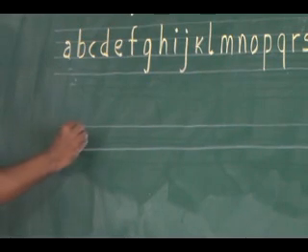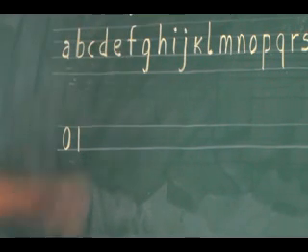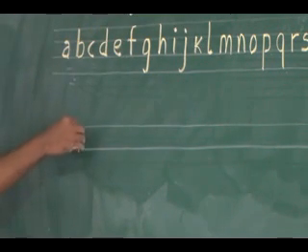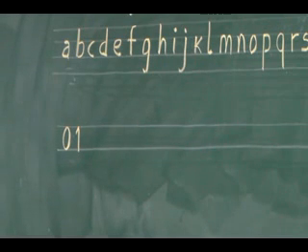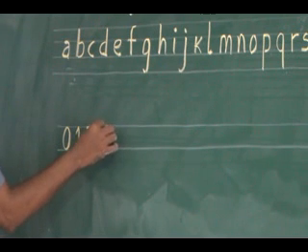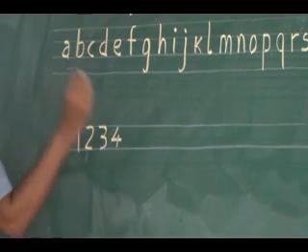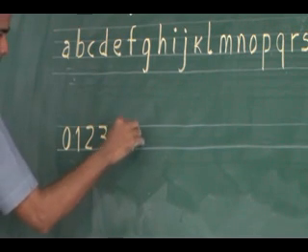Then 1, this is not, as such it is a capital I, so for 1 you just need a slant line at the top. So this is 1. 2, as usual you can write 2, 3, 4, 5.